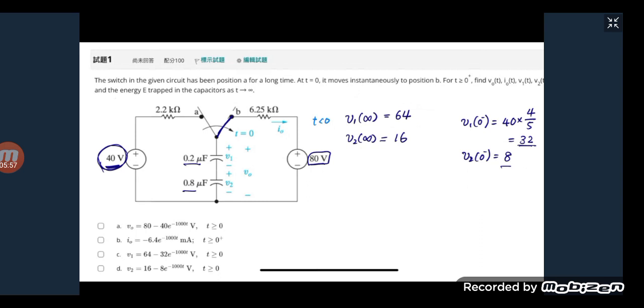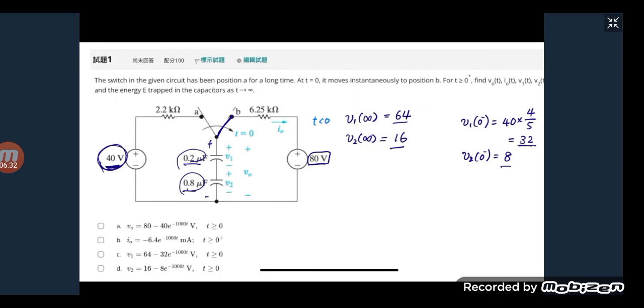And when time approaches infinity, again the two capacitors become open circuit. So here the overall voltage is again 80 volts. So again, the ratio is back to 4 to 1. So we finally know its final value.